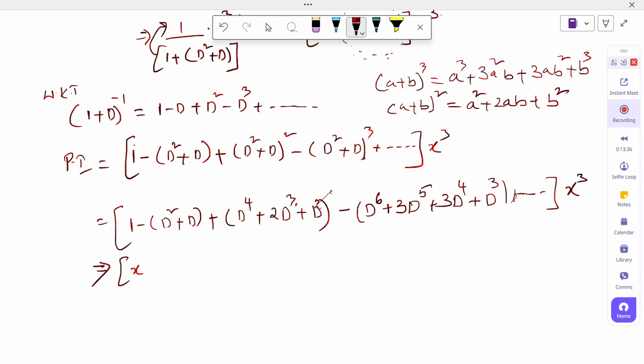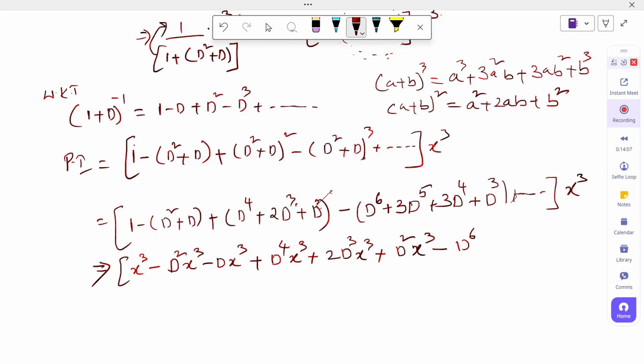It's going to be x cube minus d square x cube, simultaneously I am multiplying that minus also, minus d x cube plus d power 4 x cube plus 2d cube x cube, then plus d square x cube, then minus d power 6 x cube minus 3d power 5 x cube, then plus 3d power 4 x cube, then plus d cube x cube, plus so on.